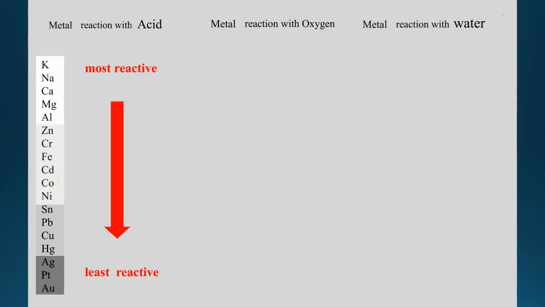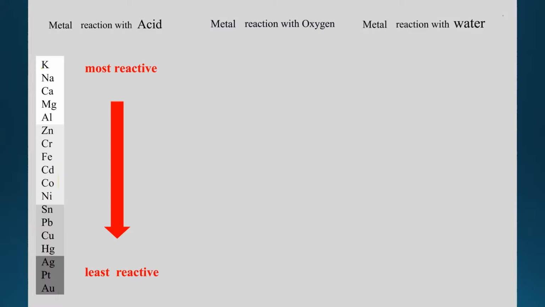Now I'm going to put this activity series in a list form. Instead of horizontal, I put it vertical, but in the same order, with the most reactive on top and the least reactive at the bottom.